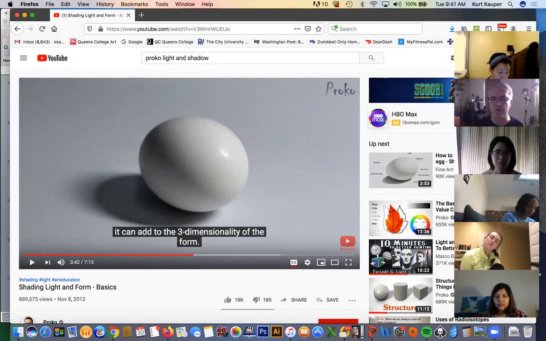That's a really important thing to remember: we're not just blindly copying. What we're doing is looking for those elements of light and shadow, and then when necessary, subtly adjusting what we see in order to make as convincing an illusion of form as possible.